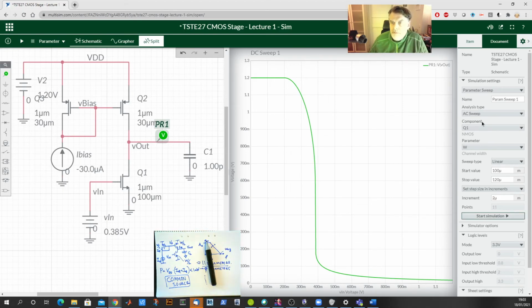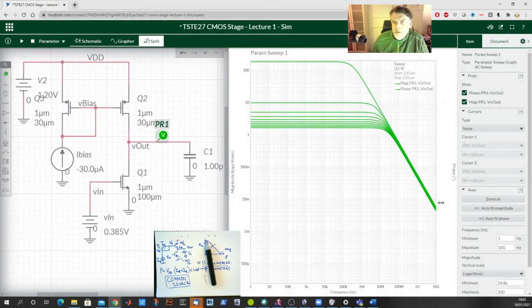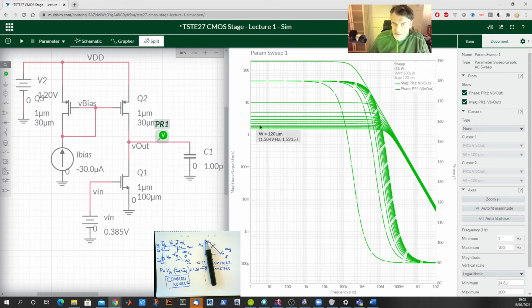Alright, and then we want to run an AC sweep. So here is another way of seeing how the different parameters can affect the results. So I've already found the sweet spot more or less. So increasing the width in this case doesn't really help us, it just reduces the gain. So it's really sensitive also.